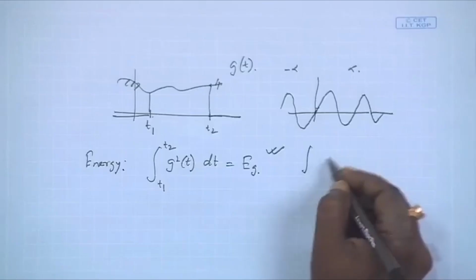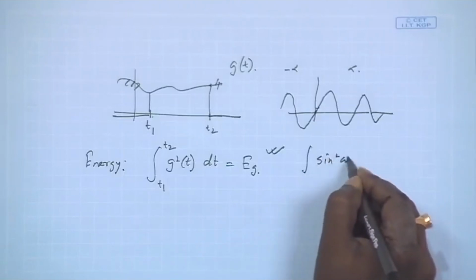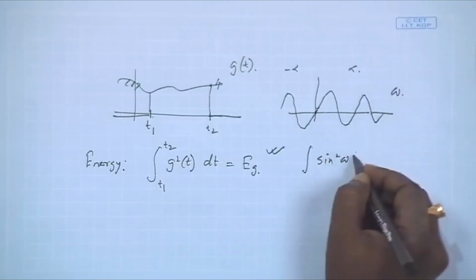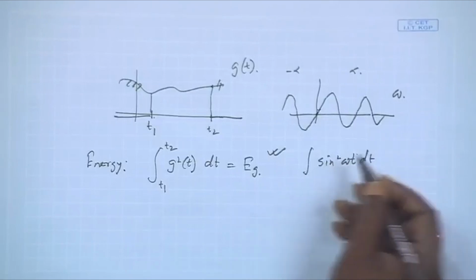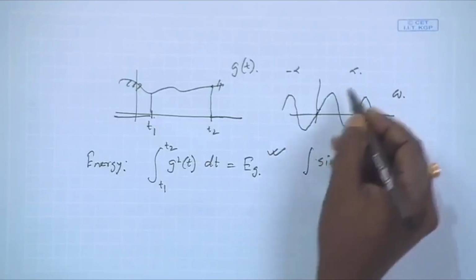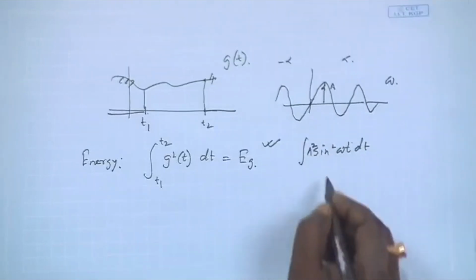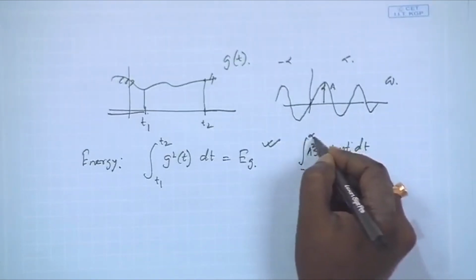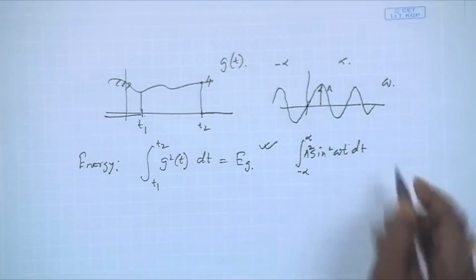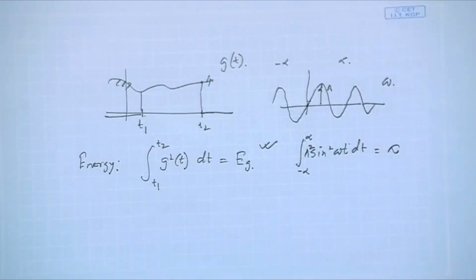If I put a sine square, suppose the frequency is omega, t dt, and suppose it has an amplitude of a, it will be a square sine square, and if you integrate it from minus infinity to plus infinity, this is going to be infinity. So this is one example of infinite energy.